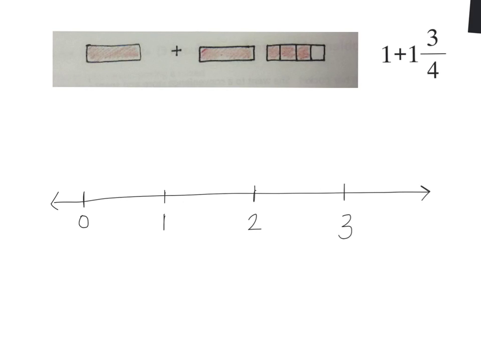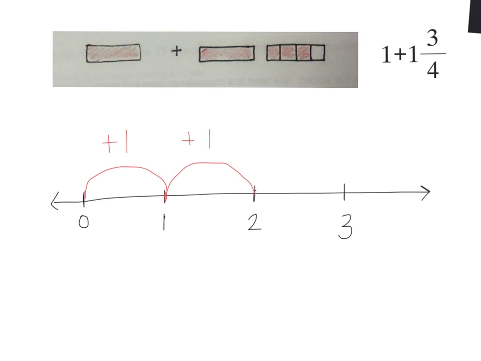Okay. Now, let's start on the number line. Go ahead and draw yourself a number line with tick marks 0, 1, 2, and 3. When I'm starting off on a number line, where do I start? 0, because do I have anything when I start my math problem? No. So if I have 0, if I go to 1, what number am I at now? 1. And I have to add another 1.